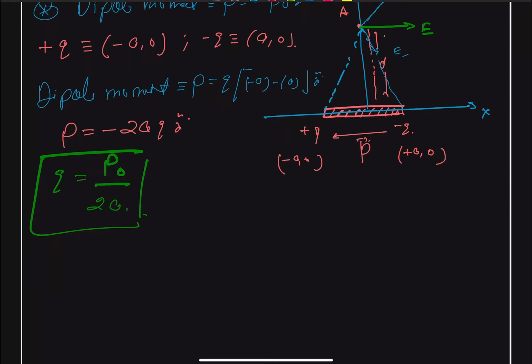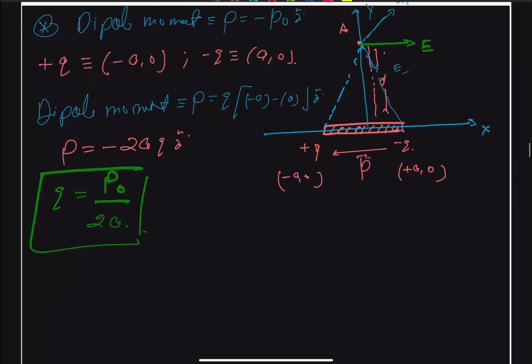Now the potential at point A will be the algebraic sum of the potential due to plus q as well as the potential due to minus q.